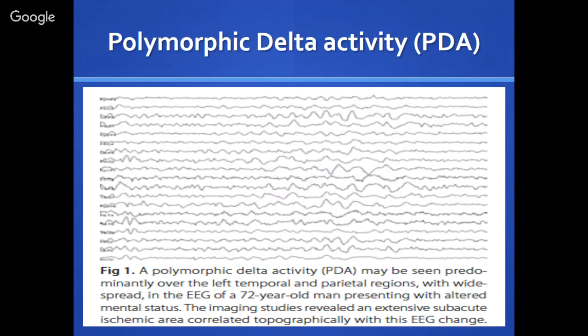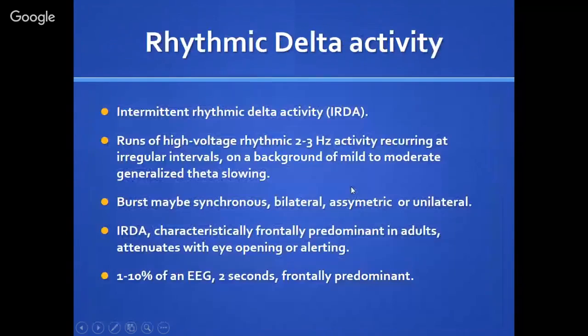It might be seen over the temporal and parietal regions, right? This is an EEG of a 72-year-old man presenting with altered mental status. The imaging studies reveal an extensive subacute ischemic area correlated topographically with this EEG. I cannot read here, but I suppose it's more towards the right parasagittal area.